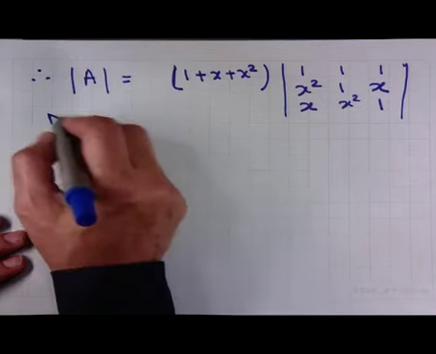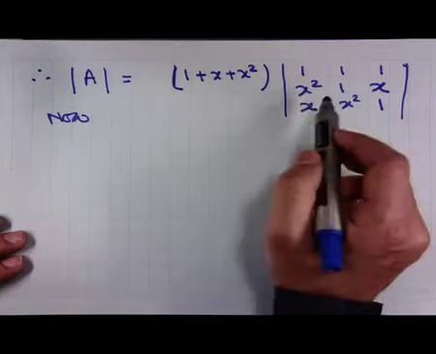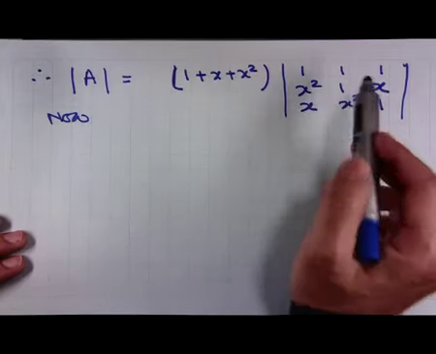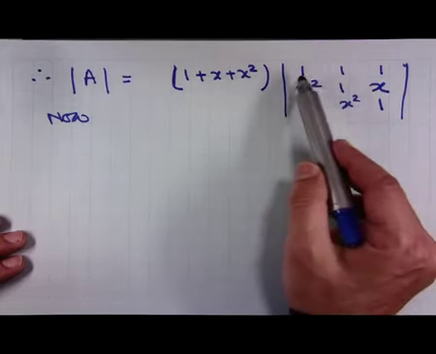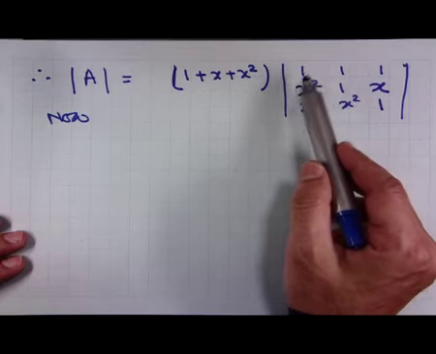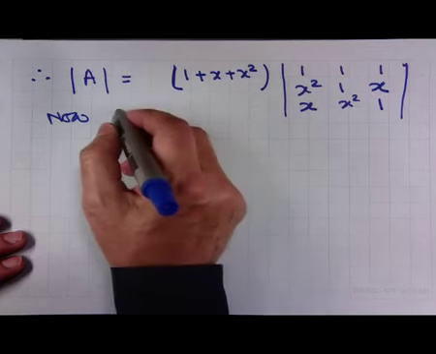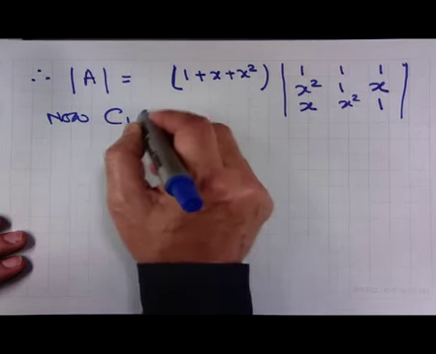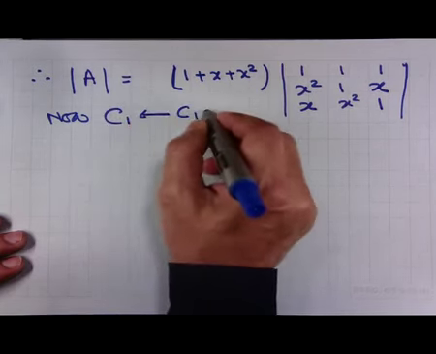Now, we do a very similar thing with respect to the columns. We replace column 1 by the difference of column 1 and column 2. So, we write column 1 is now C 1 minus C 2.